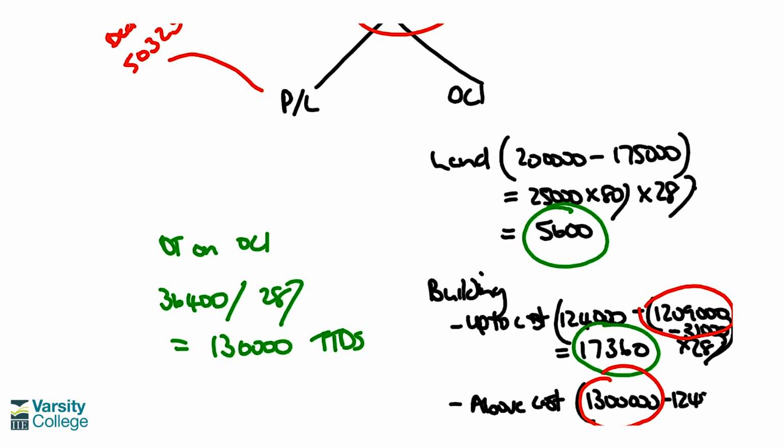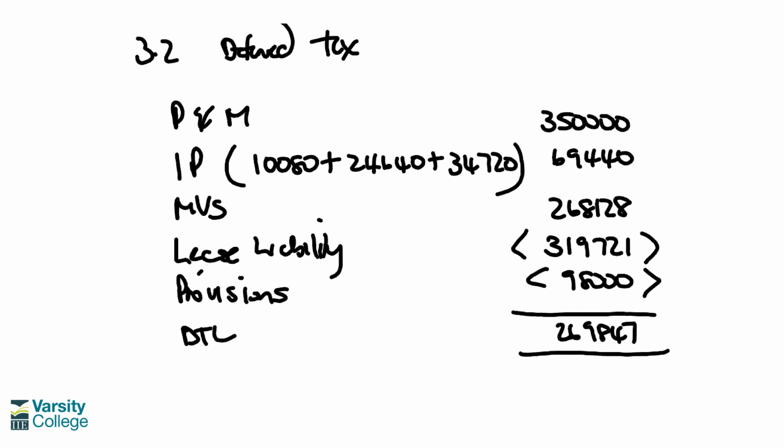So if you do that calculation, 1.3 million minus the net of those 2 figures, you will see that the revaluation comes to 122,000. So that's where that figure comes from, and you can just show a little working for that.